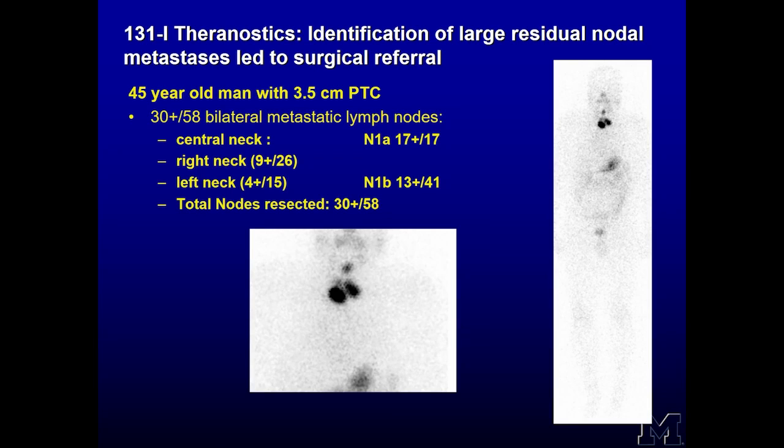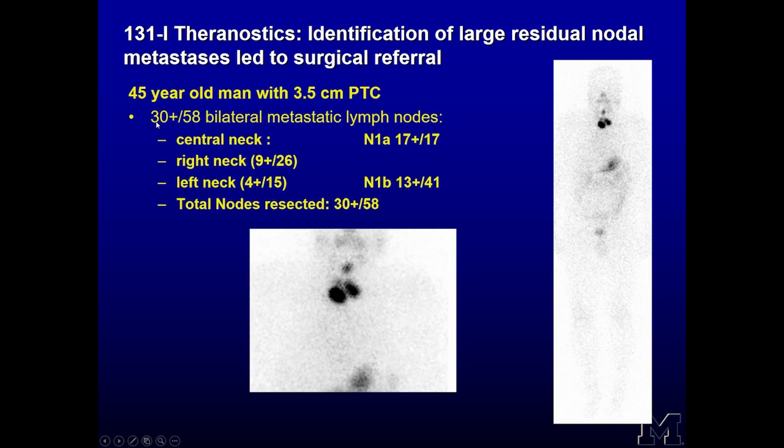Another case demonstrating the theranostic usefulness of diagnostic iodine scan in thyroid cancer is the case of this 45-year-old man who underwent total thyroidectomy for resection of a 3.4 centimeter papillary thyroid cancer.